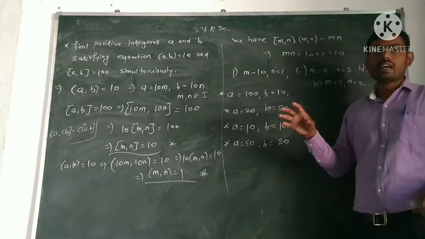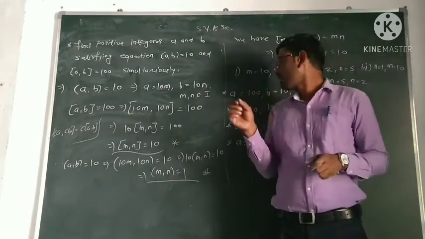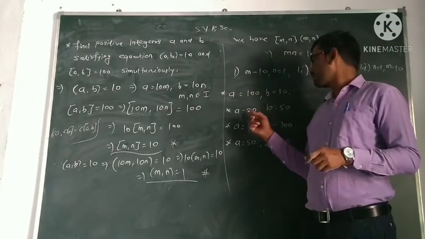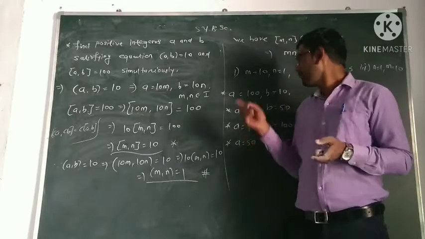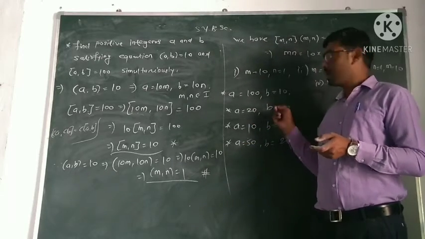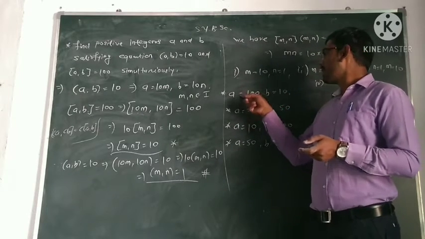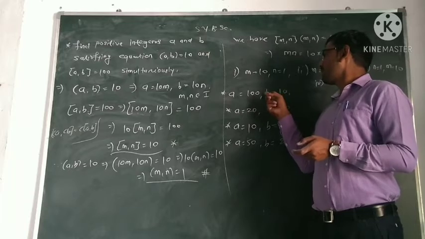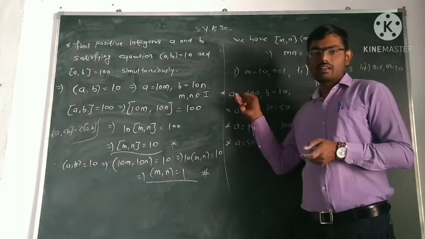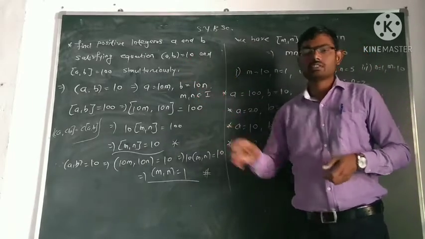If they are just asking to find the pairs, then you can say one pair is 100, 10, and the other pair is 20, 50. If A is 20, then B is 50. If A is 50, then B is 20. If A is 100, then B is 10. If B is 100, then A is 10. So these are the pairs satisfying both equations simultaneously.